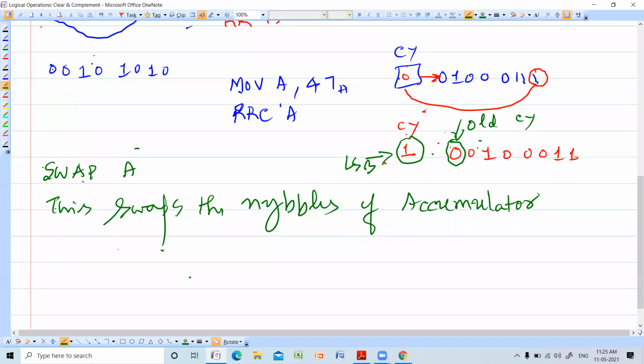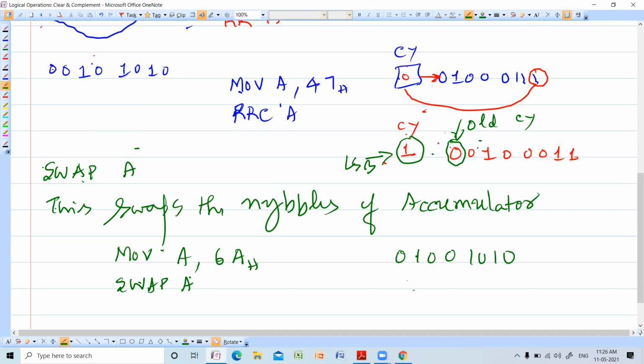Suppose you have MOV A, #6AH, and if I write SWAP A, 6 is this, A is 1010.